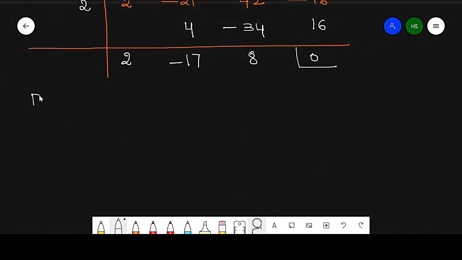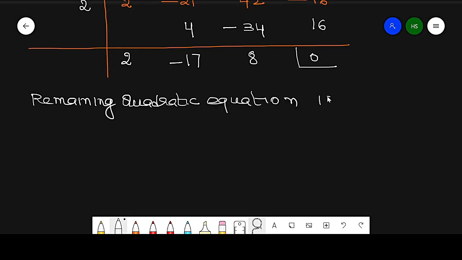So the remaining quadratic equation is 2x square minus 17x plus 8 equal to 0.